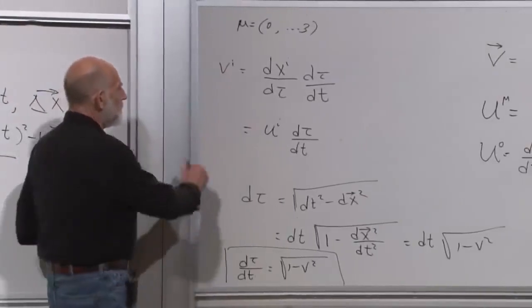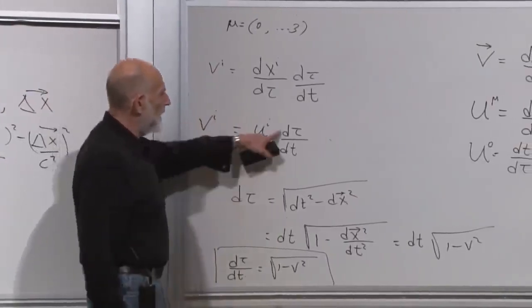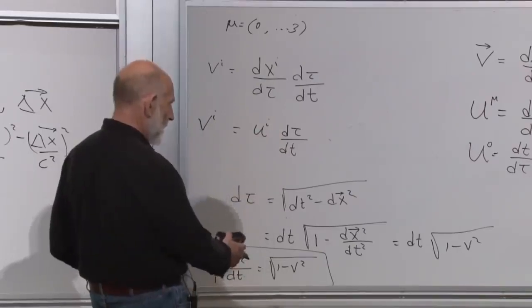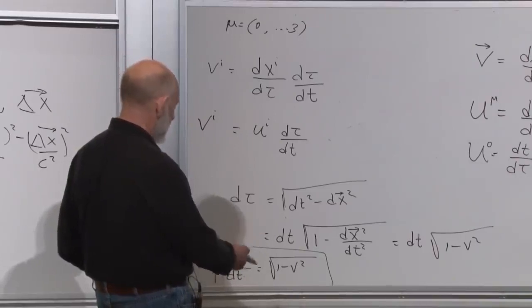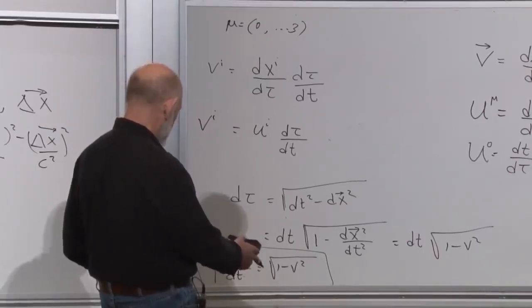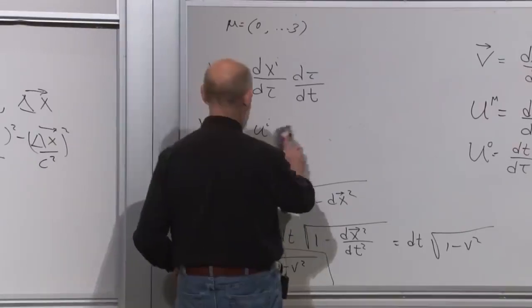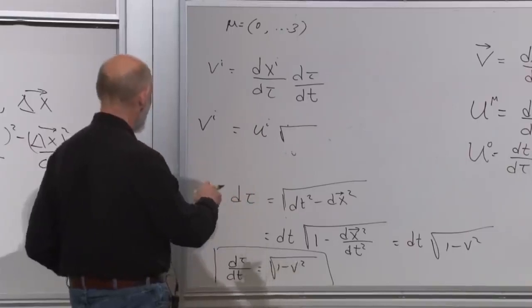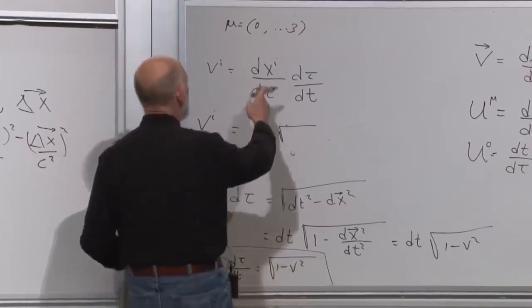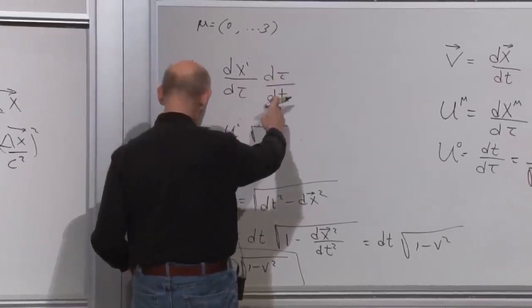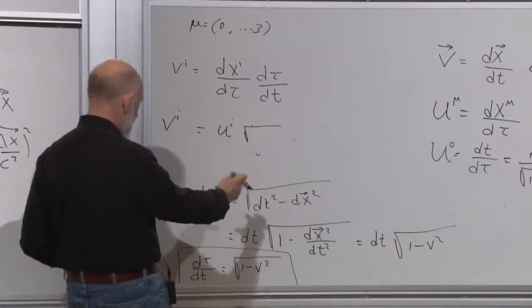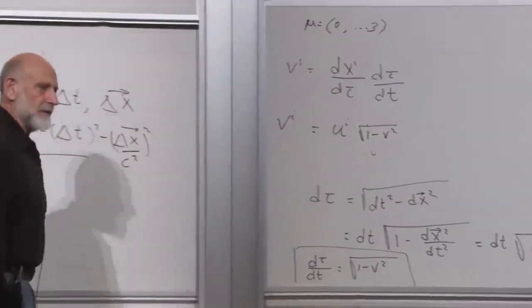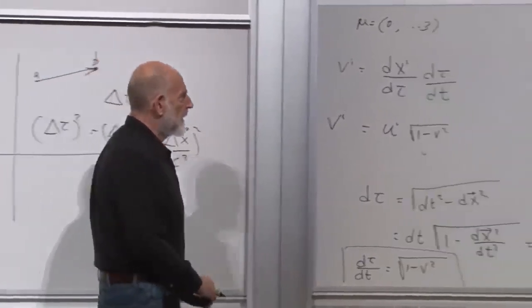What about here? v sub i is u sub i times d tau by dt. d tau by dt is again the square root of 1 minus v squared. That's correct.